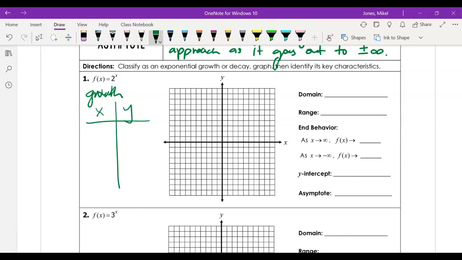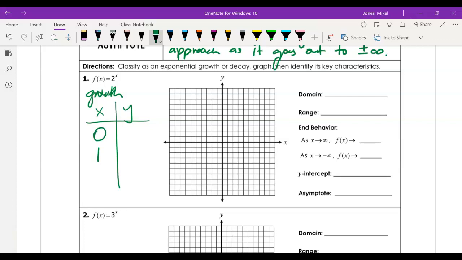I know we've talked about this before: I don't want you making tables when you graph points. With transformations, you shouldn't just plug in some x's and get some y's. But there are really 3 key features of an exponential graph that you want to have: what you get when you plug in 0, what you get when you plug in 1, and then your asymptote.